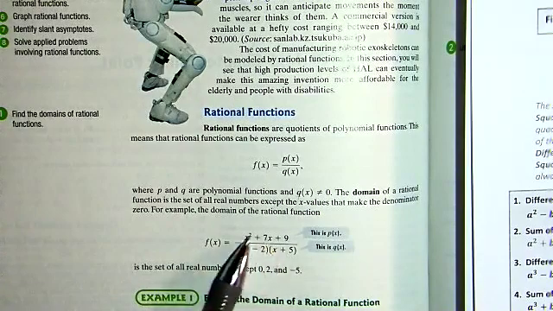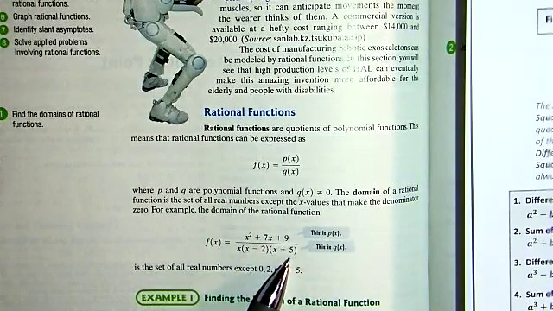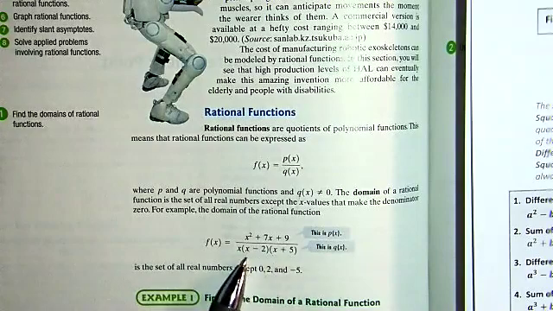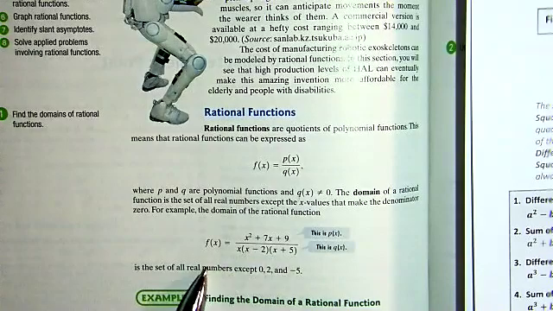In this type of function, typically you look at the denominator to find out what values of x would make the denominator 0. If there are any, we have to take them out of the domain. Here we have a 0, a 2, and a -5, and any of those would make the denominator 0, so we have to exclude them from the set of all real numbers when we're talking about the domain.